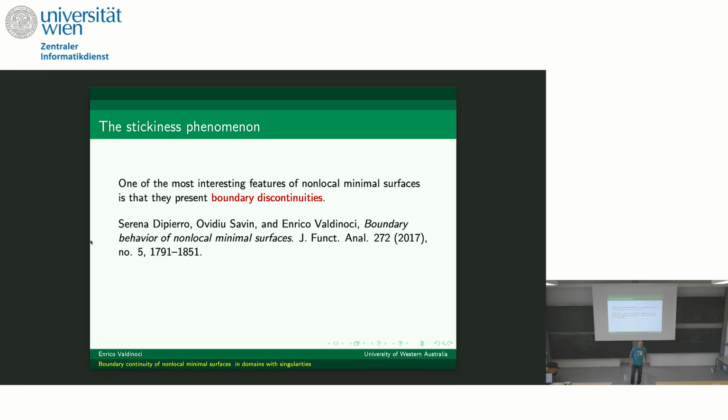So how did we figure out that we were wrong? Well, because we took a simple example. You take in 2D the case, I don't know, you can say (-1, 1) times R. So my omega here is just a vertical slab.